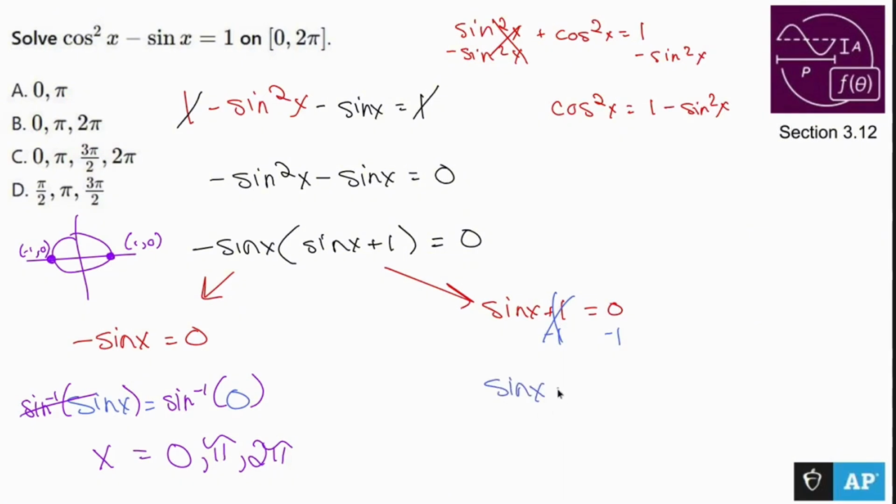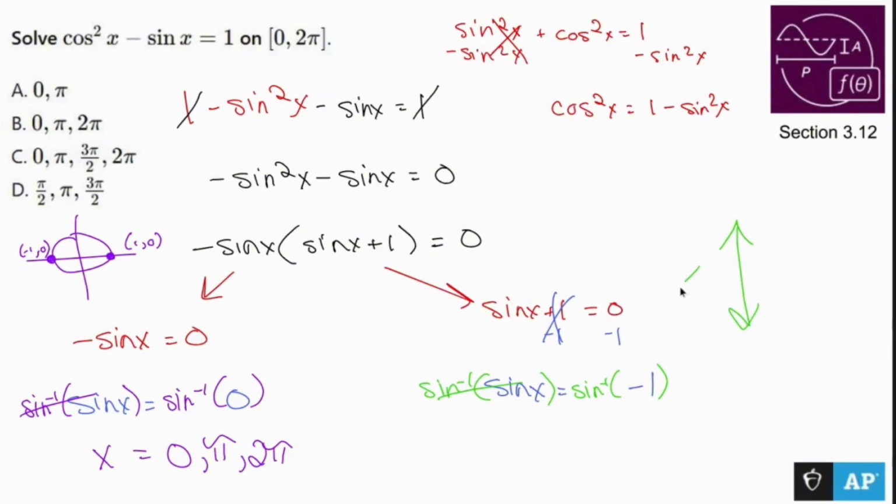Sine x is going to equal negative 1. If I inverse sine both sides like I just did, we are asking ourselves a very similar question. On the unit circle, what angle measurement is going to give us a y value of negative 1?